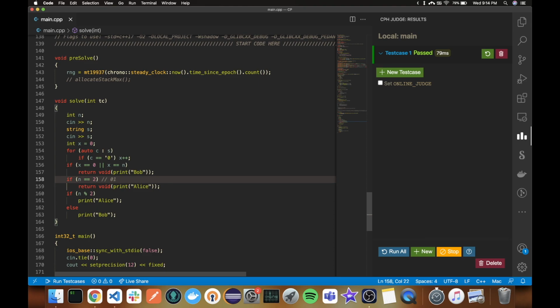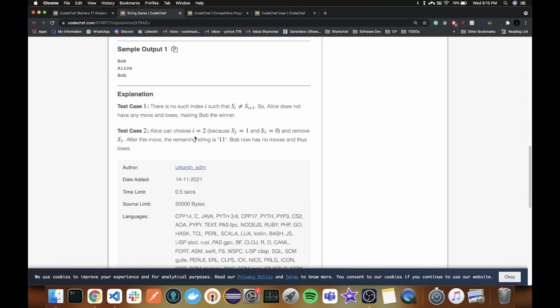However, for greater than 2, it cannot reduce less than 2. Okay, let's try this.